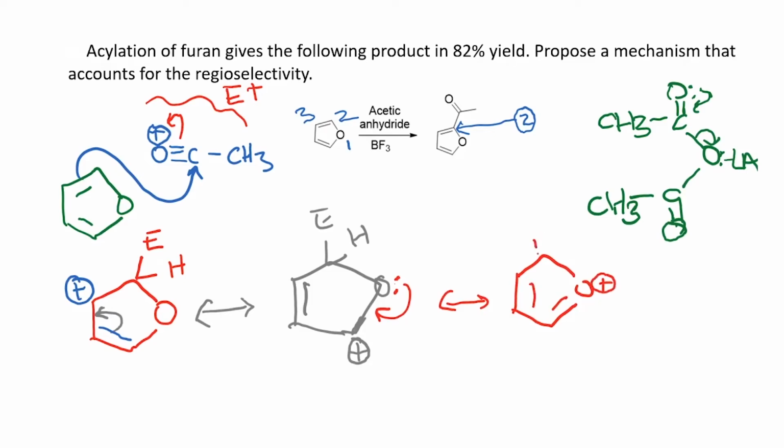And so if I look at the structures, I end up with 3 resonance forms for this, and subsequently it can lose a proton to give you the product.